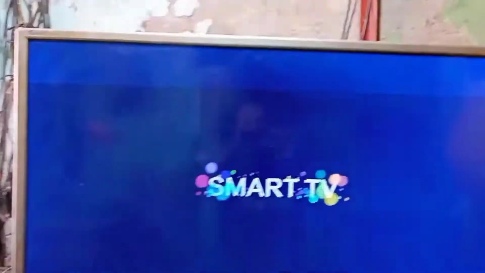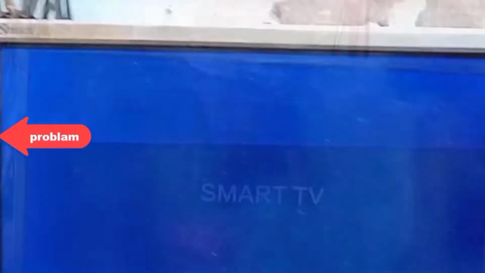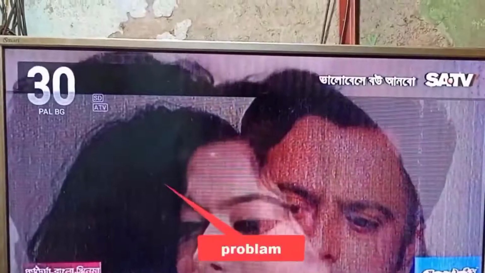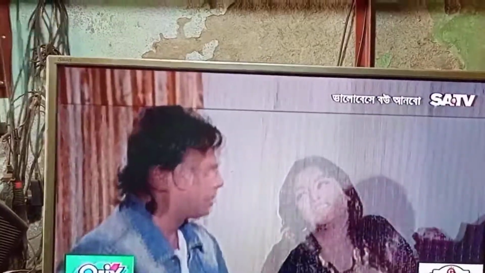So here we don't have any problem with CKV, but the problem basically starts from CKV. So the problem in this panel is pixel short, so here we will try to do the job in another way. So let's try to do the job.